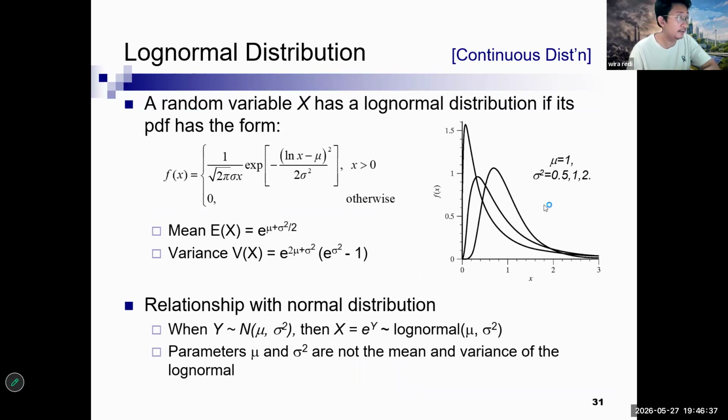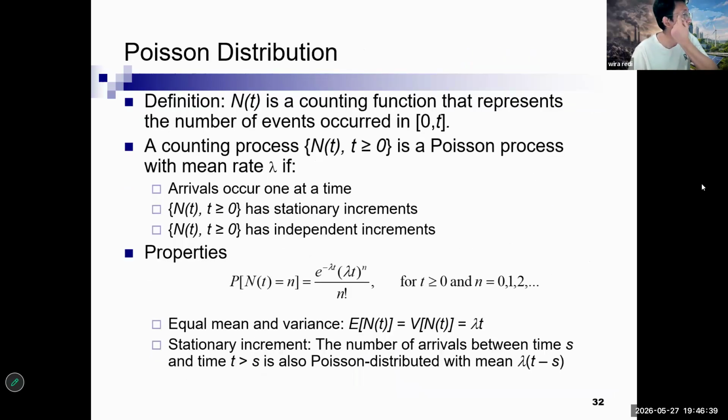And then next, other than that, we do have Poisson distributions from earlier. Then we also need to have an understanding about the Poisson process. Okay, the Poisson process, which is later modeled using Poisson distributions, is a counting process that represents the number of events occurring over time.